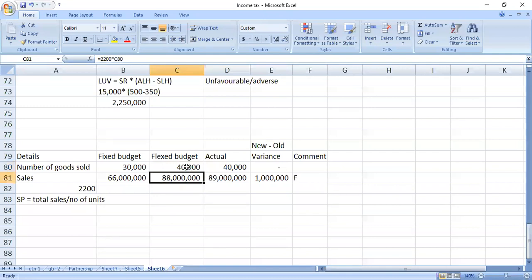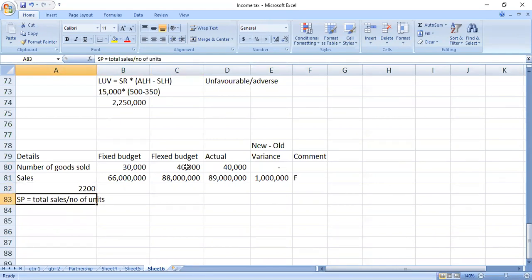Then talk about the 88. We're saying that you first learn the item. Is the item variable or a fixed item? If it is variable, it changes with the level of activity. So at 30, sales was 66, and the selling price must have been 2,200.